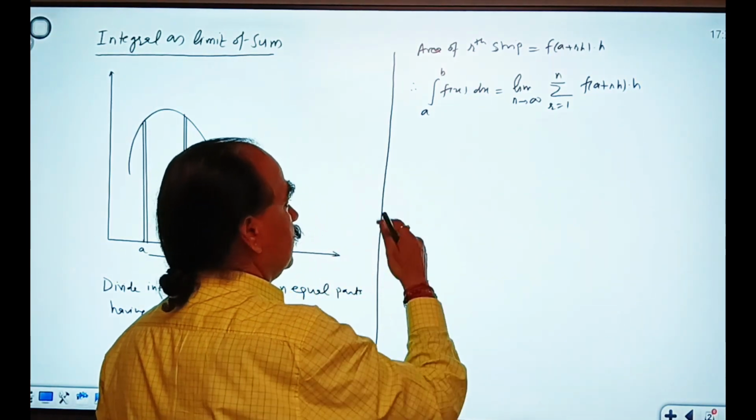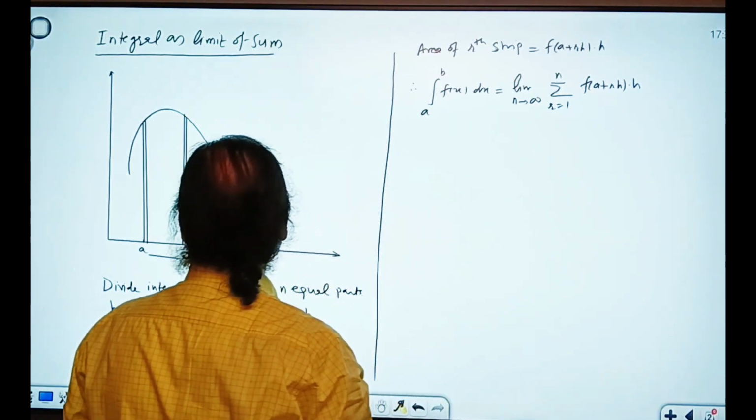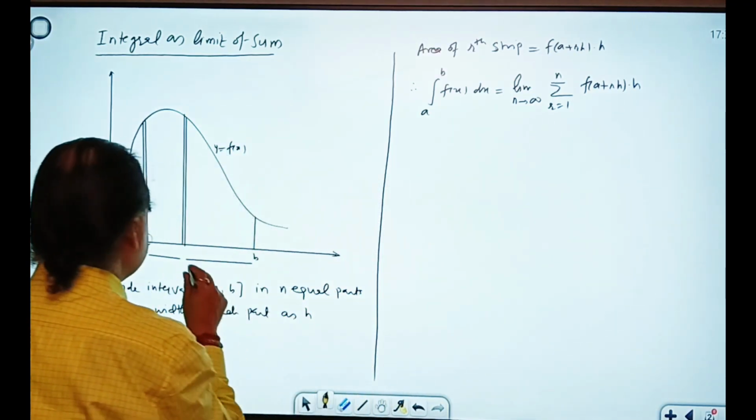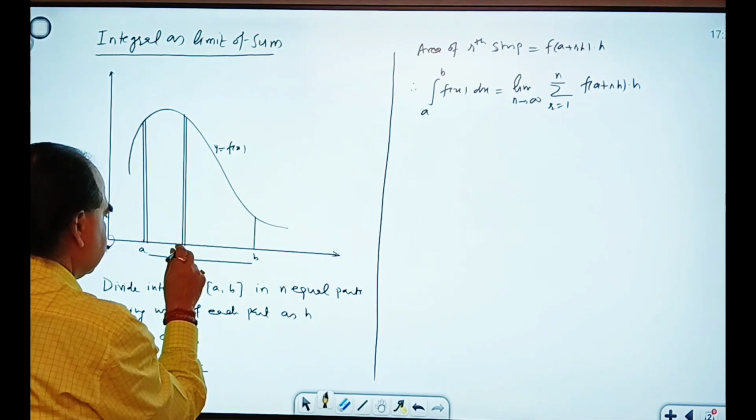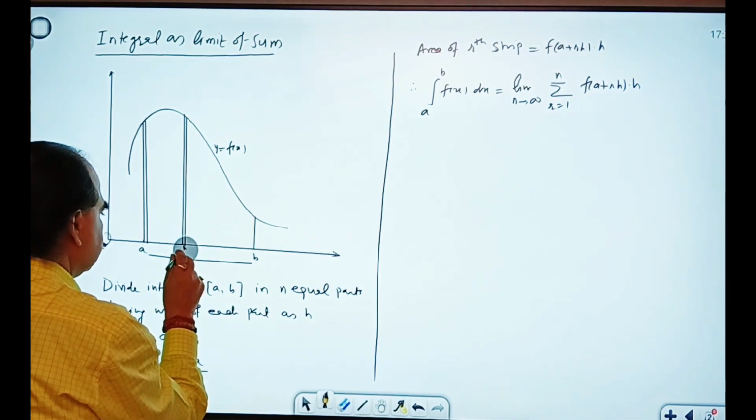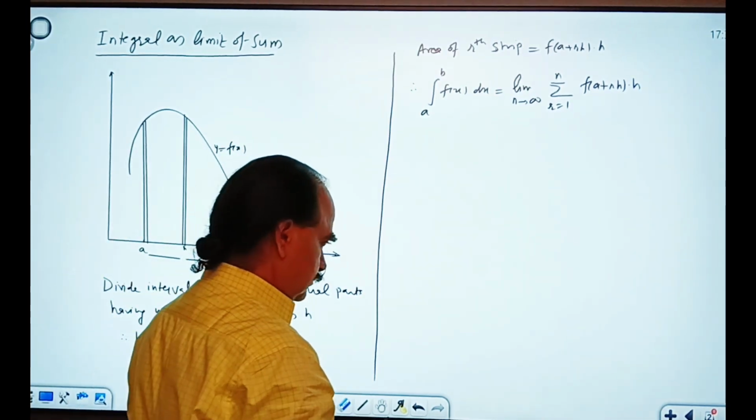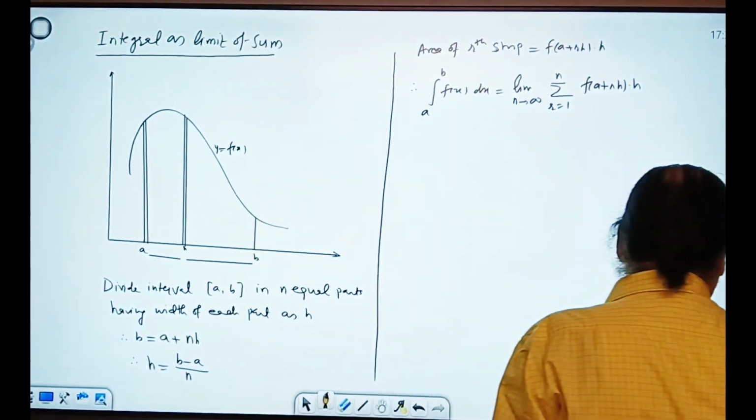This gives the entire area. This is your integral as limit of sum. This is width h. So let us see some problems based on this.